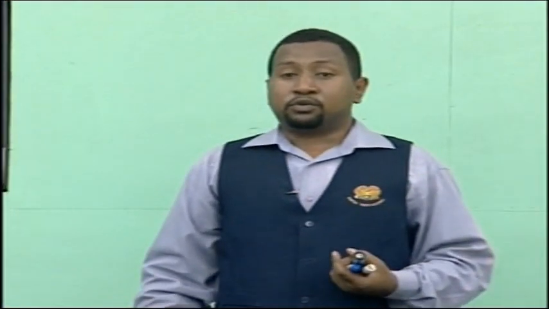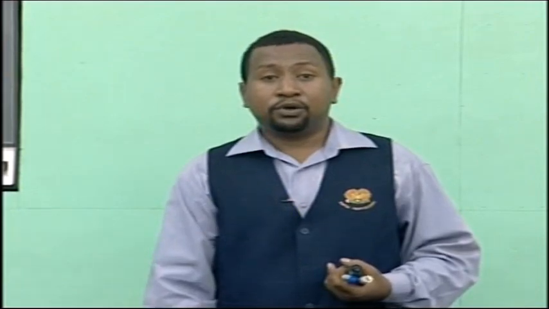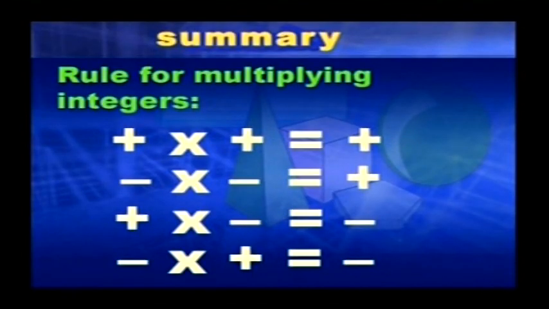Now, to sum up, on the screen, I have the rule again for you. You cross-check the rule that you wrote down with the rule on the screen. 7Es and receiving students, you should be following this rule whenever you are multiplying integers. This rule is very important to be applied in calculating, especially multiplying integers.